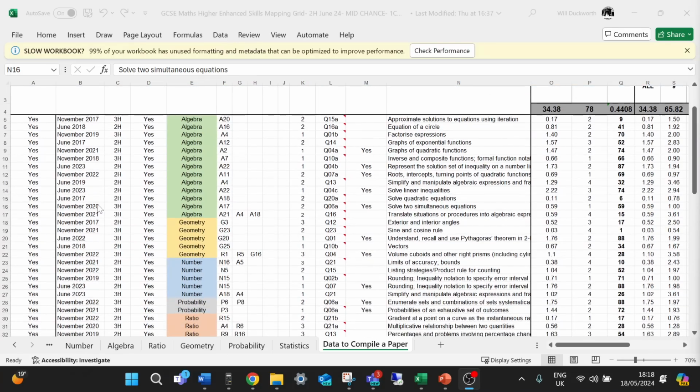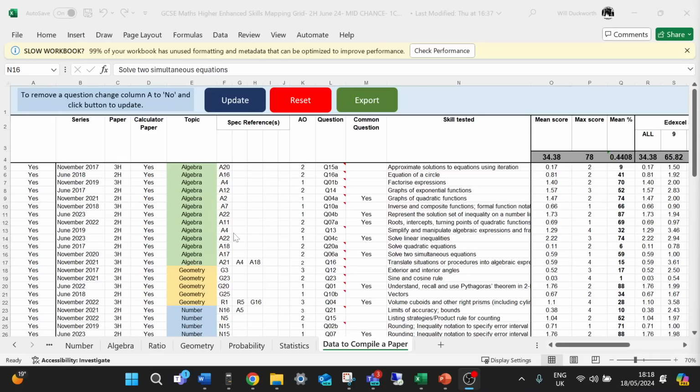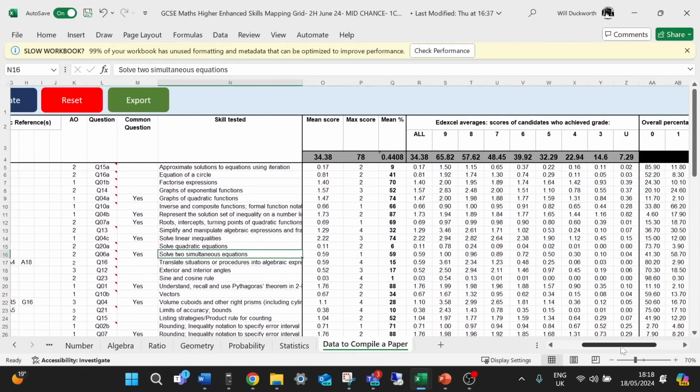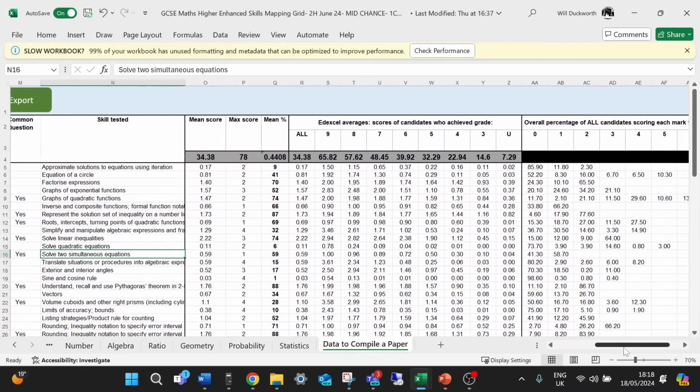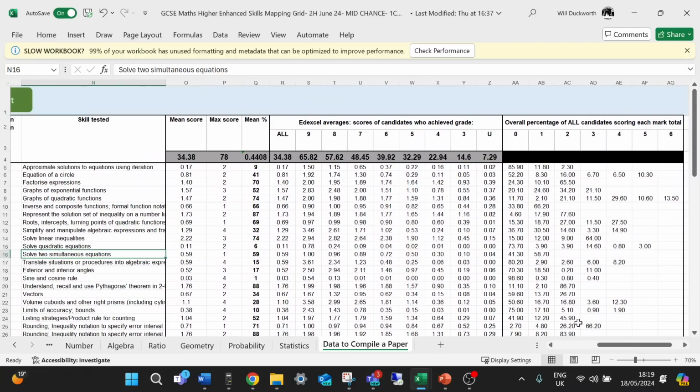Just before I sign off, I said at the start of the video how I used Edexcel's Enhanced Skills mapping document to compile this paper. If anyone particularly wants rough grade boundaries, it generates them for me.